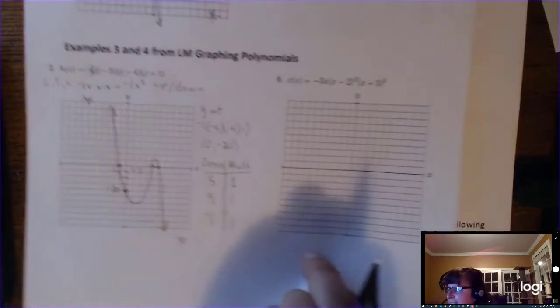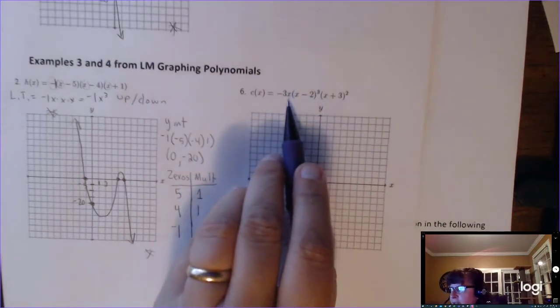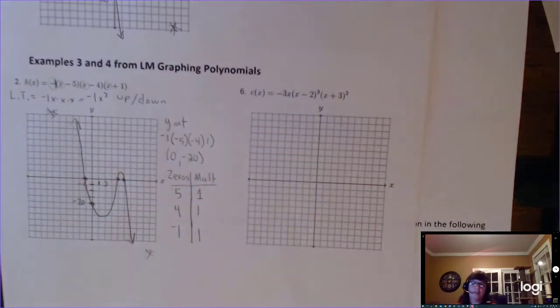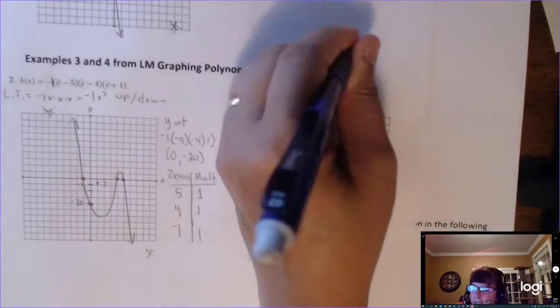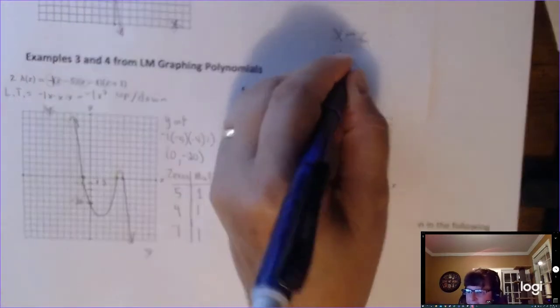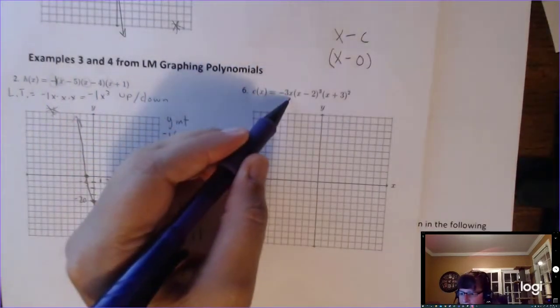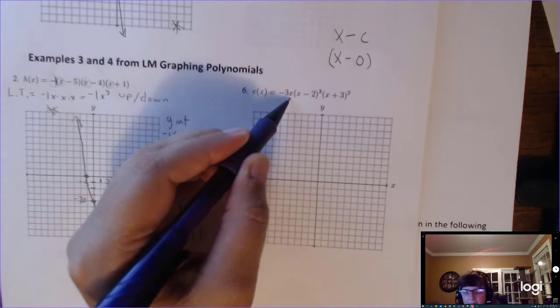Alright, next example that you might want to see is just a very common error. I will tell you this: anytime the x shows up by itself, it doesn't look like this and it throws people off, but you can make x look like x minus c if you just make it x minus 0. So this is a factor. Okay.